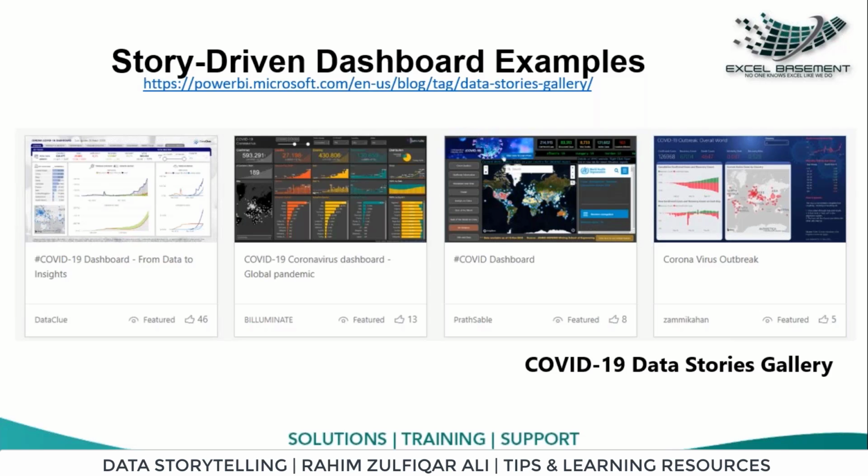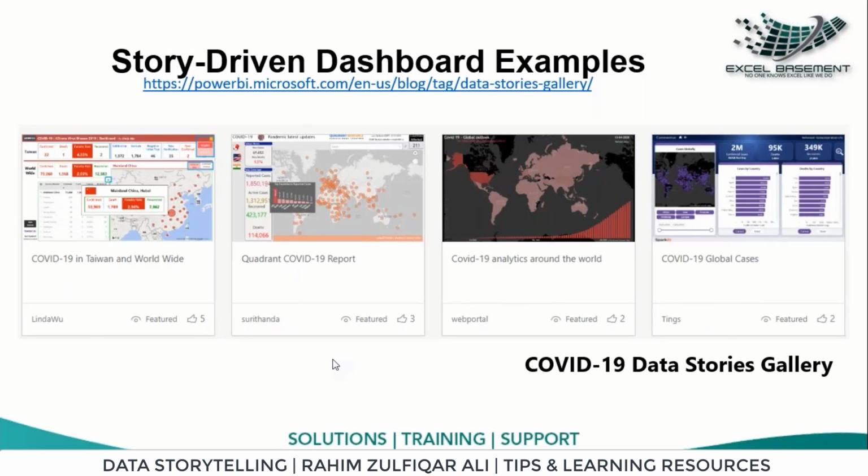So the Power BI experts have contributed some very good dashboards, again related to story-driven dashboard techniques, and we got some analysis into which country has the most affected people, death rate, or cumulative percentages of patients growing over a period of time. So these kinds of dashboards are showing you the story driven, okay, not just basic dashboards.